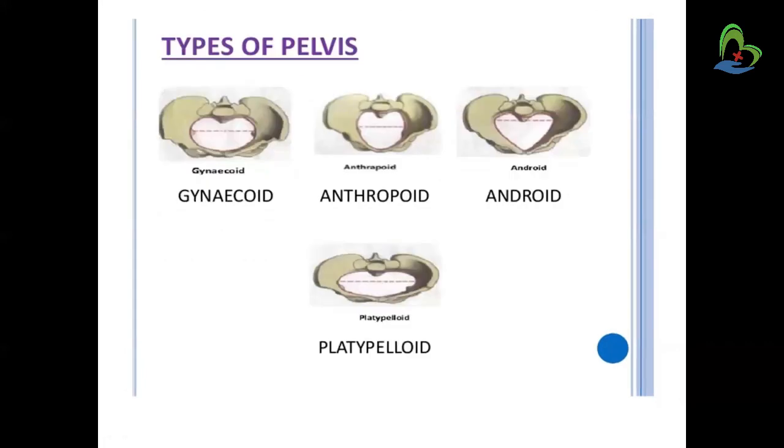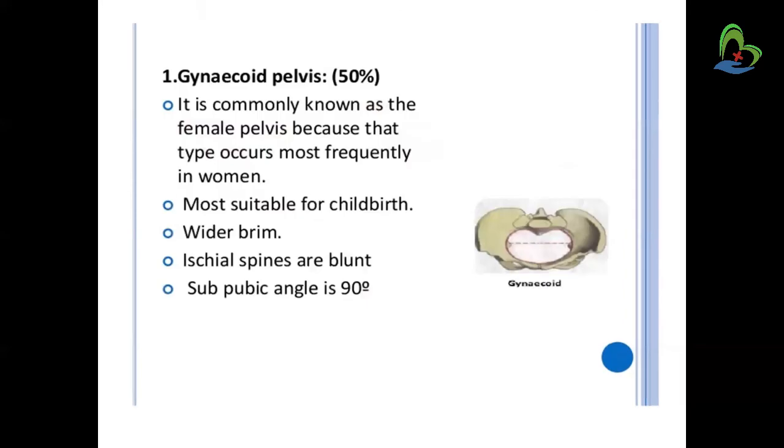Now here are the types of the pelvis. There are a total of four types of pelvis: gynecoid, anthropoid, android and platypelloid. About 50% of females have the gynecoid type of pelvis.